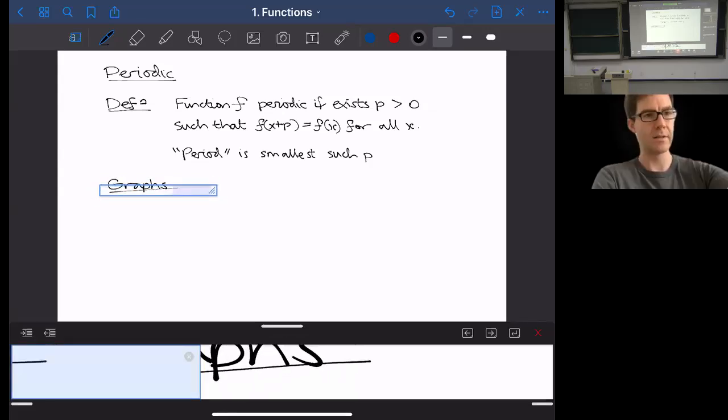Okay, let's remind ourselves of the graphs of these functions.